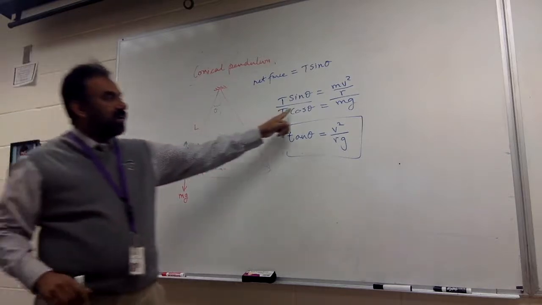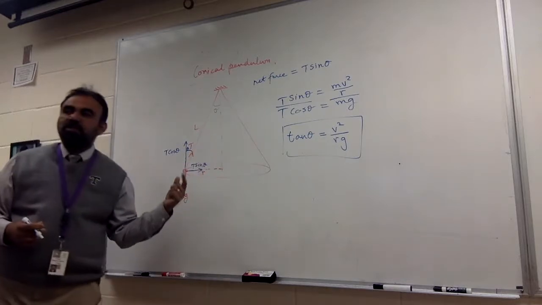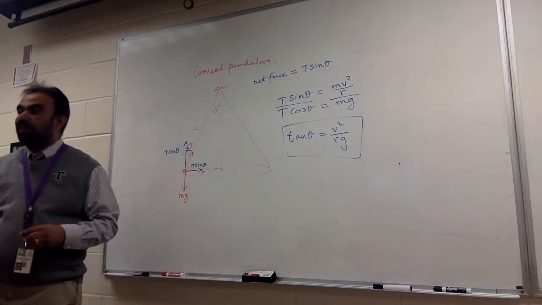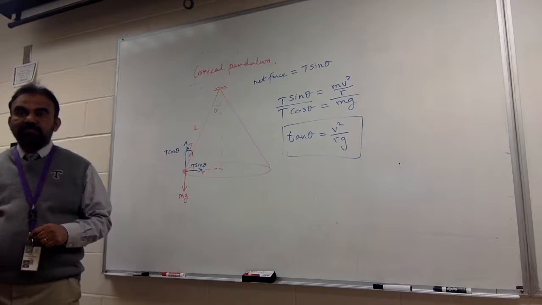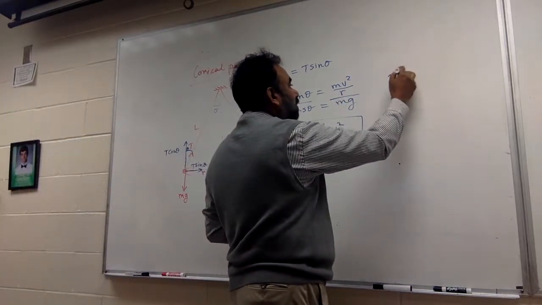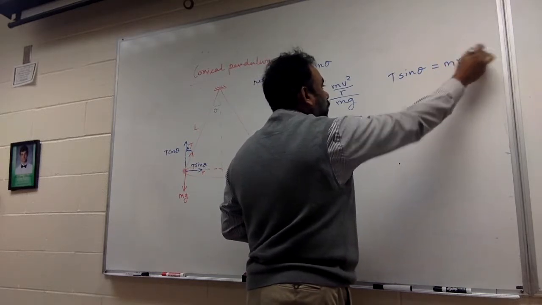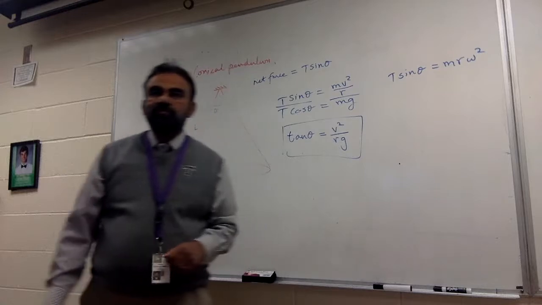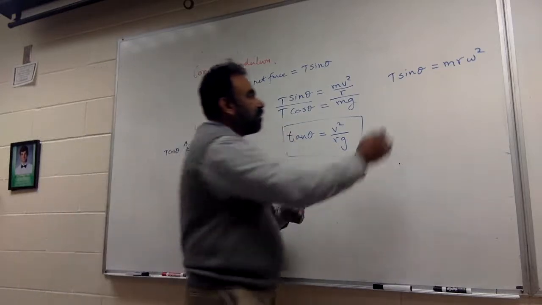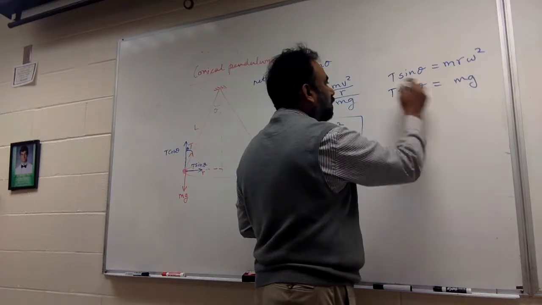Now, you can derive this equation in a different format too, because it's something that's spinning round and round with a certain frequency and time period. You can bring in the frequencies and time periods. How do you do that? T sine theta is equal to m r omega squared, and T cosine theta is equal to mg. Now divide it.